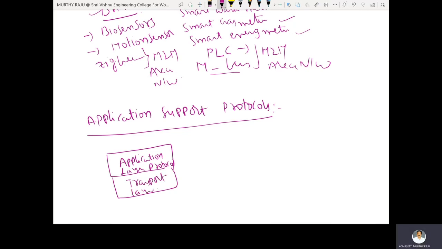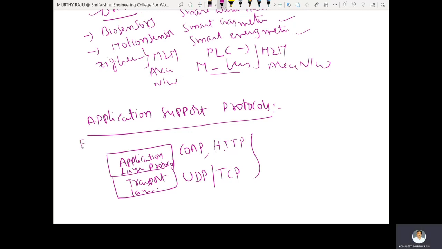In the application layer, we use constrained COAP. In the transport layer, we use two types of protocols: UDP, user datagram protocol, and TCP, transmission control protocol. COAP, constrained application protocol, and another one is HTTP, hypertext transfer protocol. The combination of these two plays an important role.